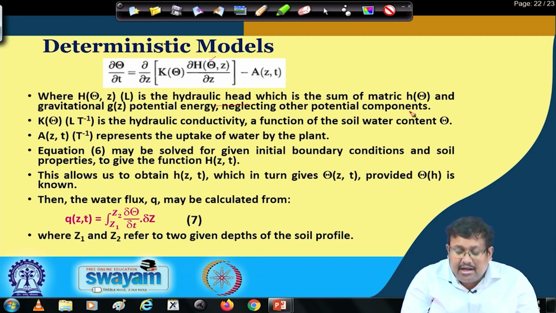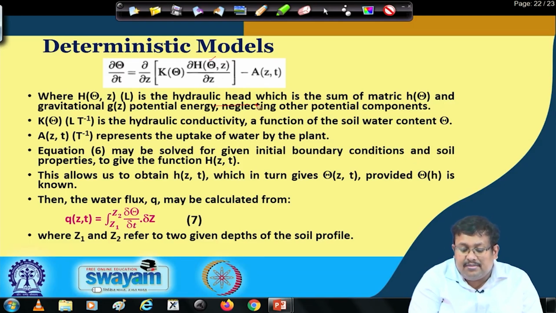Those who have already gone through soil water potential must be aware of this term, hydraulic head, which is basically the sum of the matric head and the gravitational head, neglecting other potential components, whereas K(theta) is the hydraulic conductivity, which is a function of soil water content theta. Remember, this theta is the volumetric water content. So, this is equation 6.